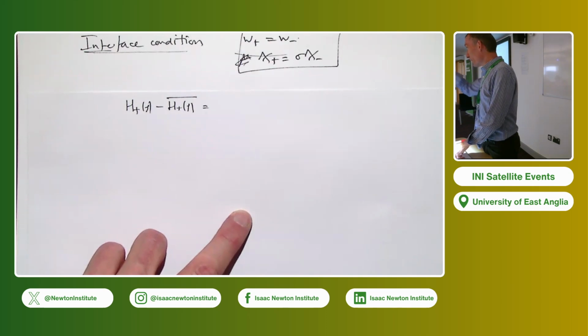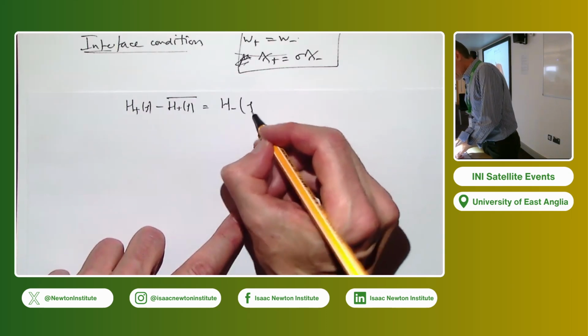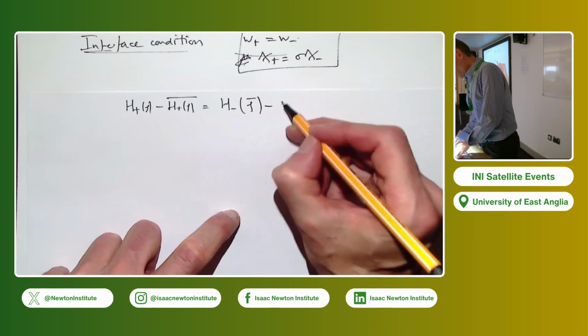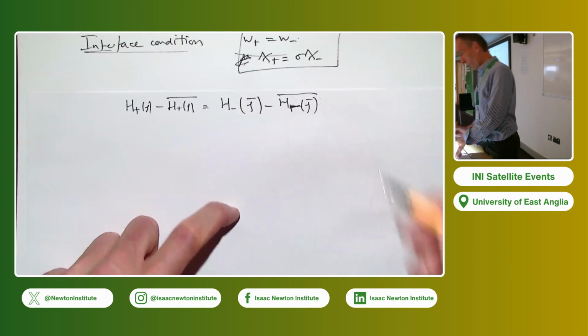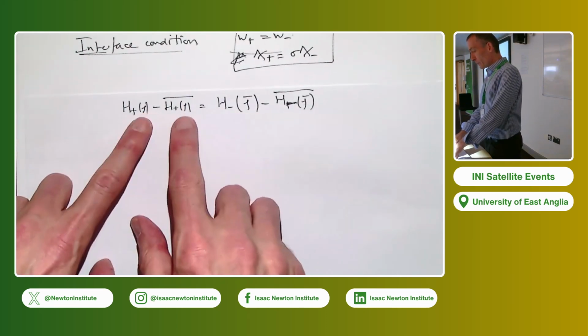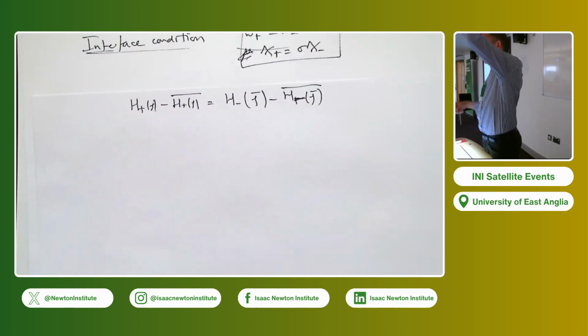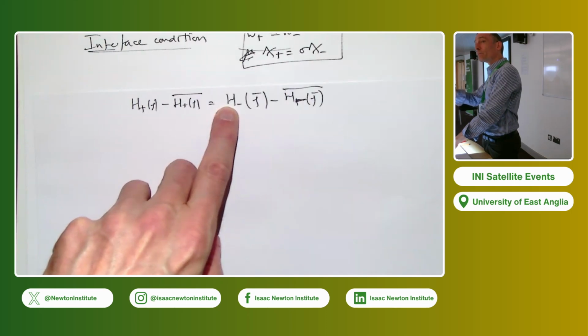Or in other words, on the lower half of the circle. So in other words, I need H minus at zeta bar minus its conjugate. Does everybody see? Look, I've picked a point on the upper circle and worked out the imaginary part of H plus, but that's coming from the top. Now I need to come from the bottom and match with the W minus there. That's the imaginary part of H minus, but evaluated at the conjugate point. You got it?